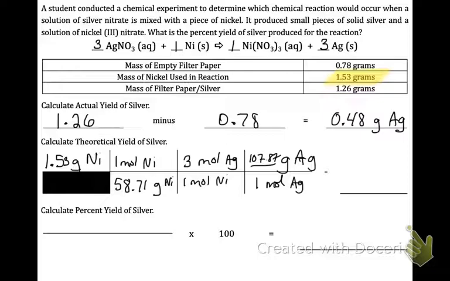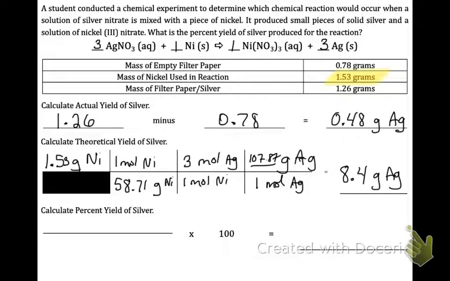So multiply across the top, 1.53 times 1 times 3 times 107.87. And then divide by the bottom, so divide by 58.71. And I should have created 8.4 grams of silver.